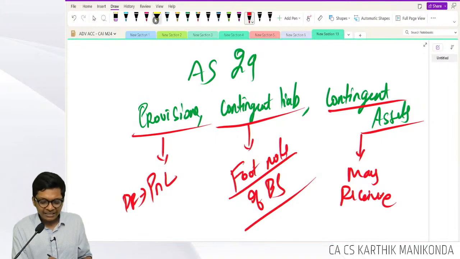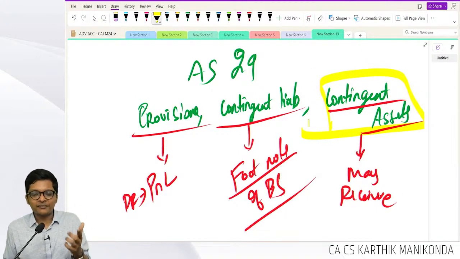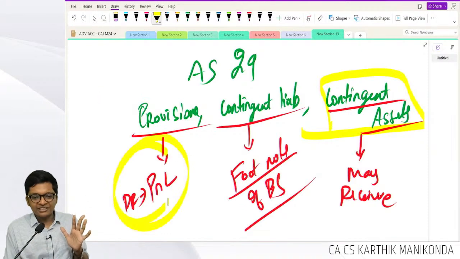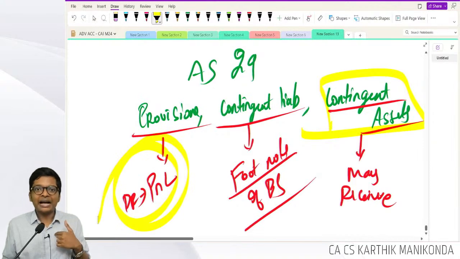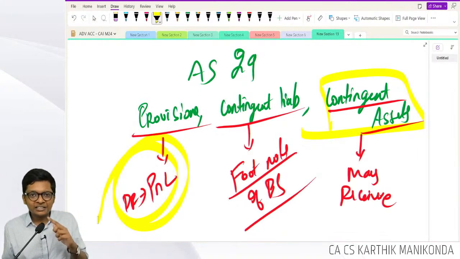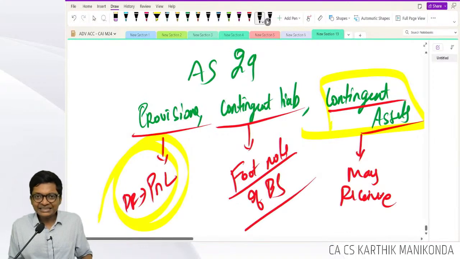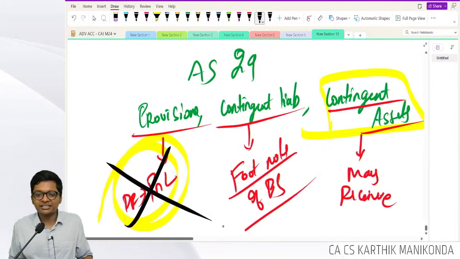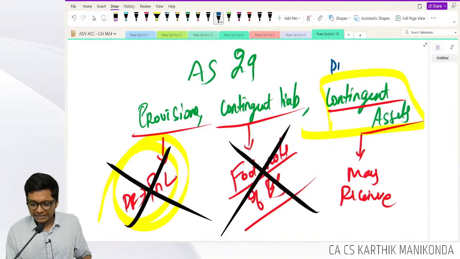That is why contingent asset, even though it's something that you may receive, 70% chance I may receive, I will not disclose in my financial statements as income, because if I don't receive, I will be disappointed. Don't create expectation for shareholders. So, contingent assets will not come in financial statements, will not come in footnote. I will disclose only in the director's report.